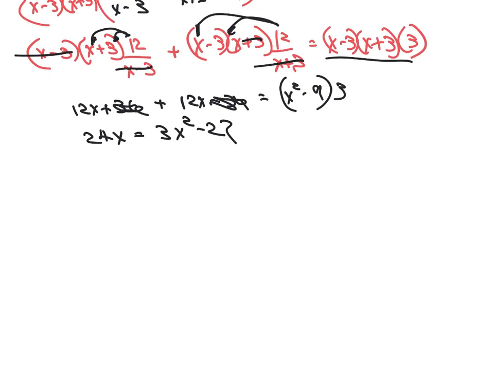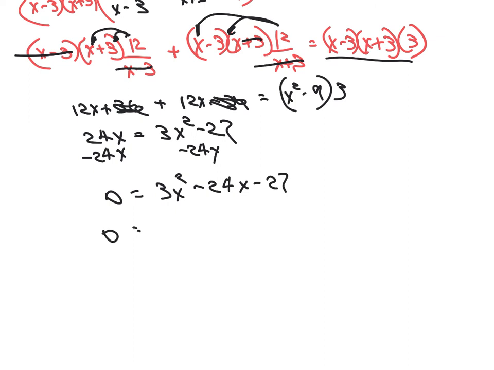So what I'm going to do is move that 24x over to the other side. So I get 0 equals 3x squared minus 24x minus 27. Then I can factor out a 3.